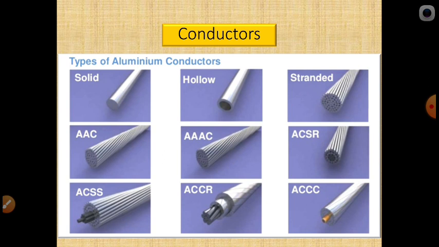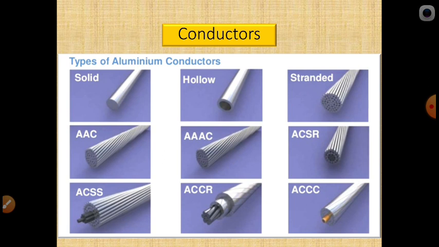Coming to another important part, the conductors. As you know, you have already seen conductors in first year. The conductors are solid conductors, hollow conductors, stranded conductors, WAC conductors, AAC conductors, ACSR conductors, ACSS conductors, ACCR conductors and ACCC conductors.